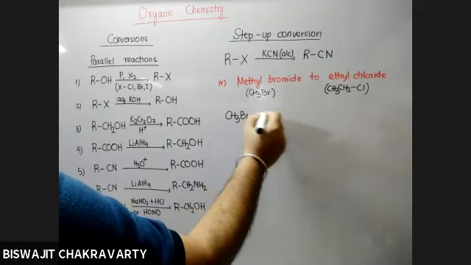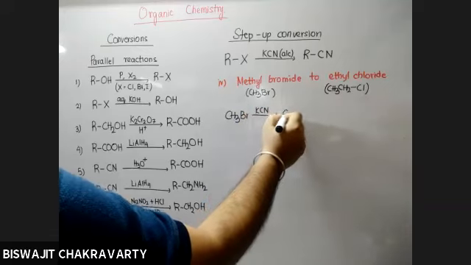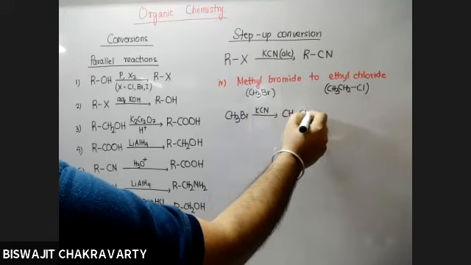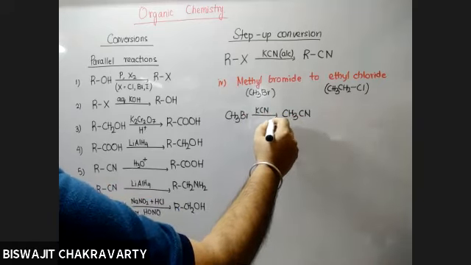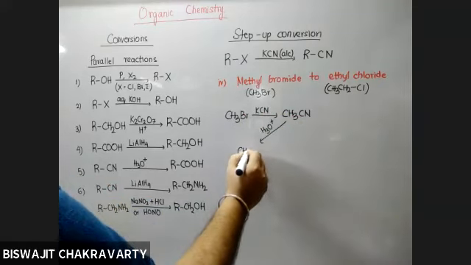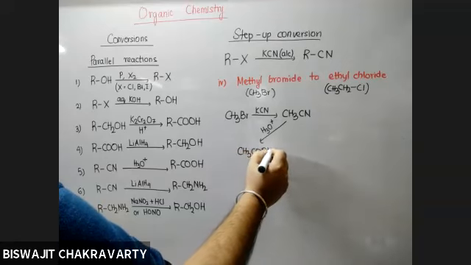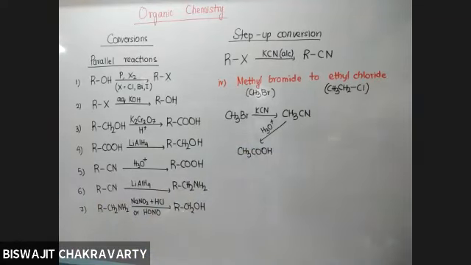CH3Br is treated with potassium cyanide, you get CH3CN. Now, either you can hydrolyze it, you will get CH3COOH. Some of you might have used this path, that is also allowed.